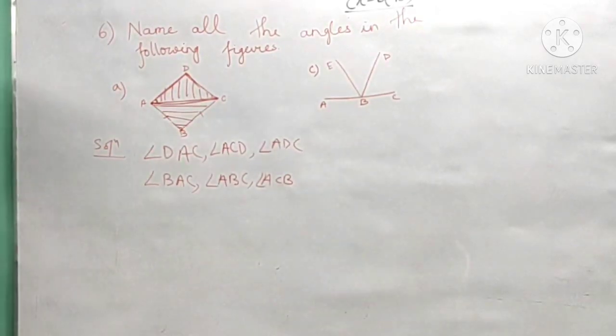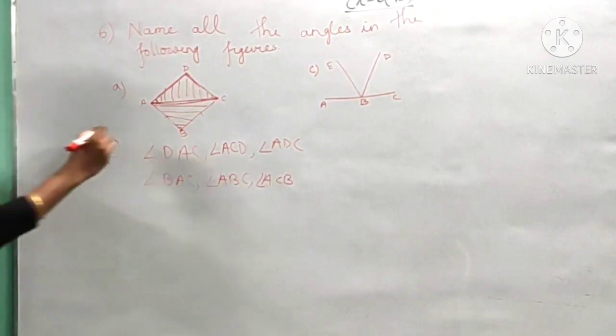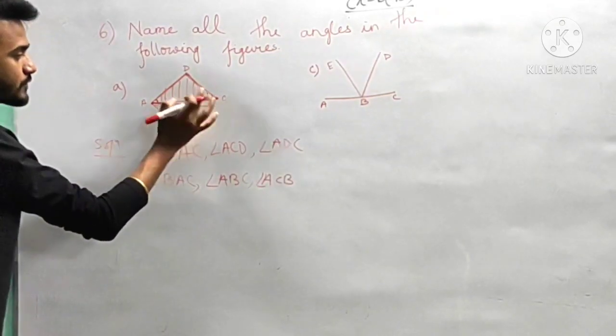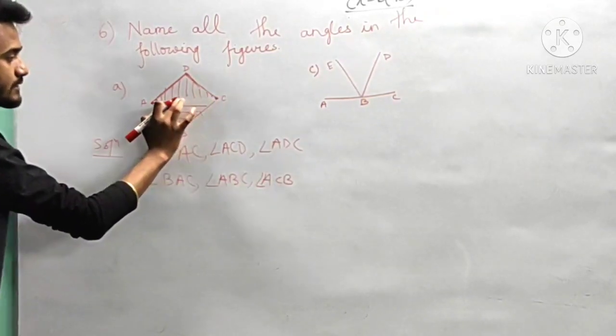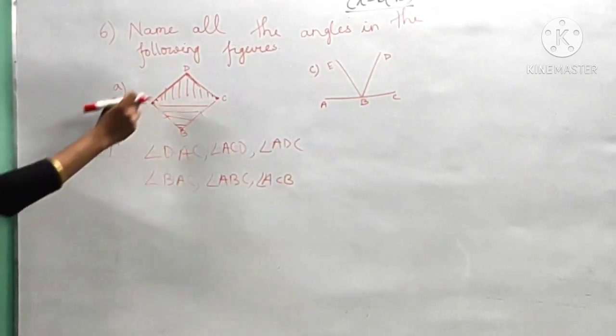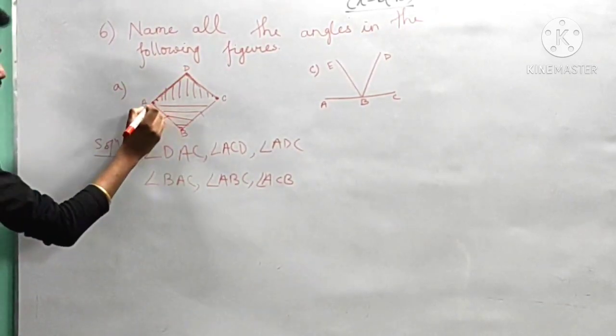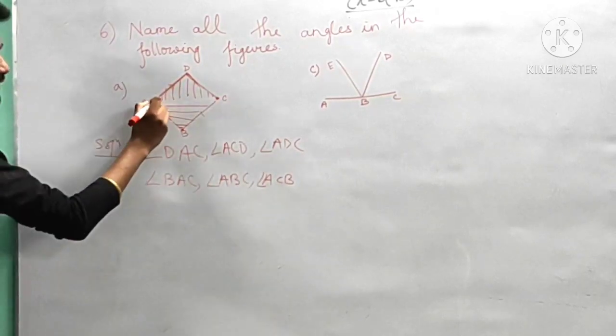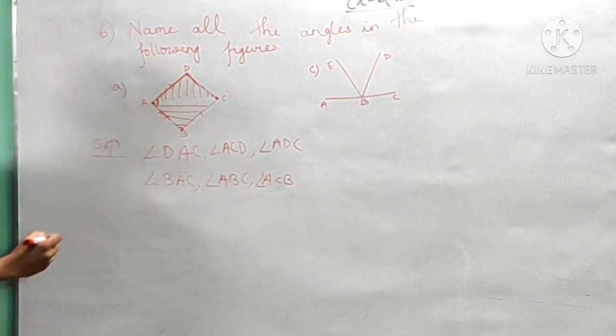Okay. So now only these six angles are not there. Two more angles are there. So what are these two more angles? If you just imagine that this AC line is not here, can I find DAB? Because AB is an arm, AD is another arm, and A is the vertex.